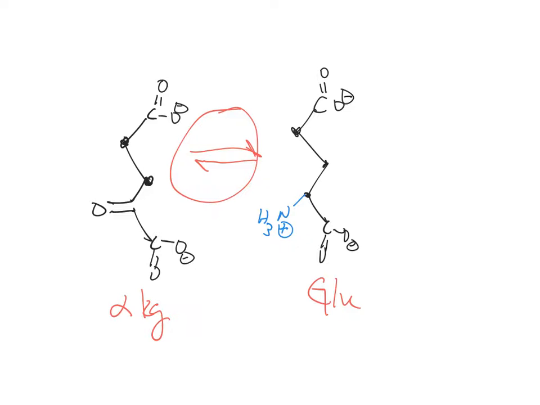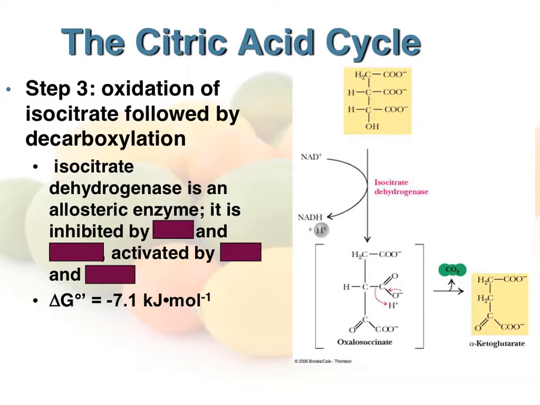We'll see it over and over, just like with alanine and pyruvate. This is one of the checkpoints. It should make sense: it's inhibited by ATP and NADH because we have lots of energy, so we don't need to make more. It's activated by ADP and NAD plus because that means we need energy, so it turns this enzyme on.